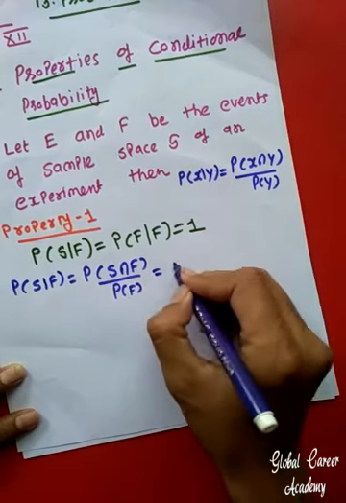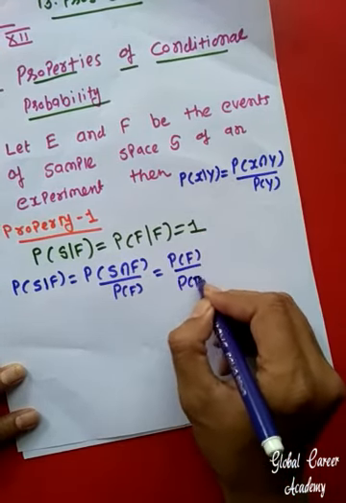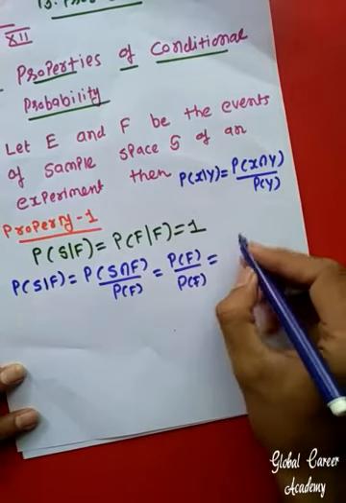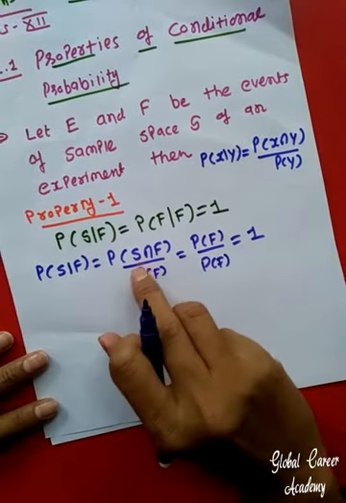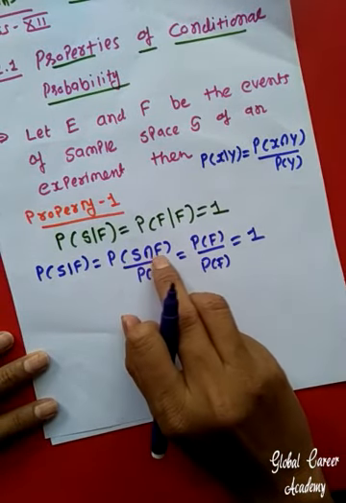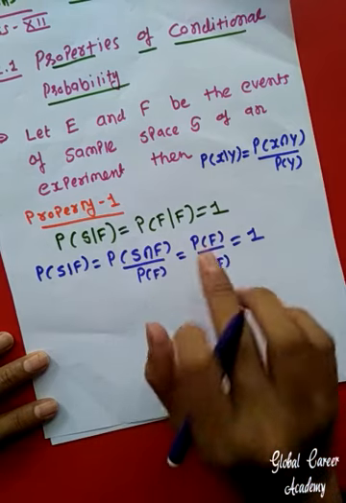So that will be probability of F divided by the probability of F, and that is how these two get cancelled and my answer comes to 1. Now the question is, how can I write that probability of S intersection F is P of F always? So for that I'll explain.